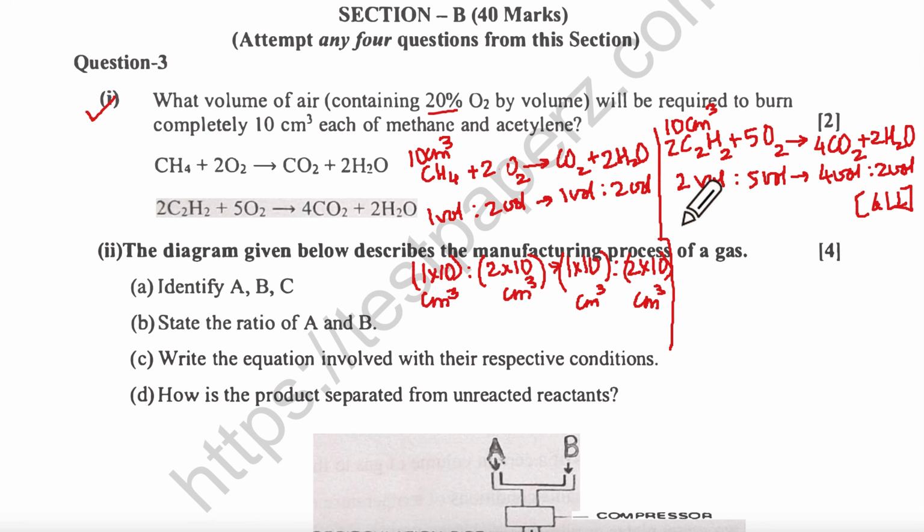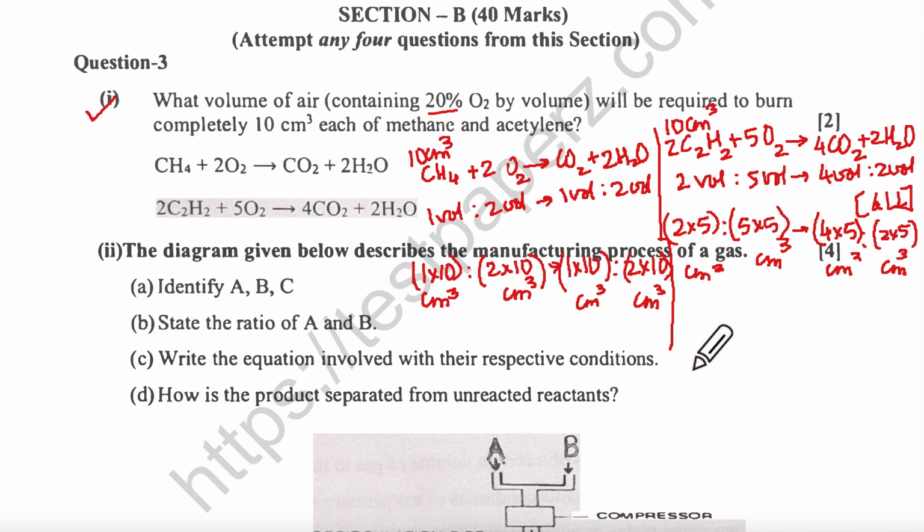And here each volume will be 5, so 2 into 5 centimeter cube is to 5 into 5 centimeter cube, and 4 into 5 centimeter cube, 2 into 5 centimeter cube. Very good. Are you with me so far?